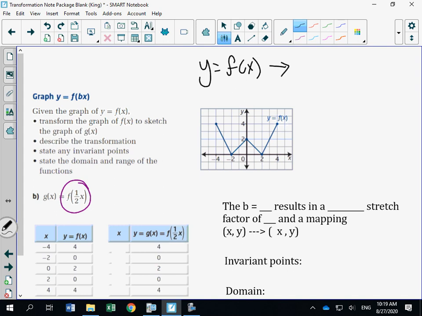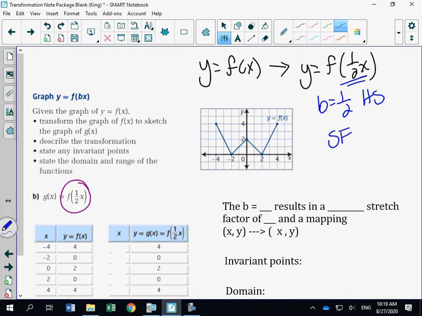And now they're saying, please transform this to y is equal to f of 1/2 of x. Okay, that is a b value because it is next to our x. So our b value is equal to 1/2. This is a horizontal stretch. The stretch factor is always the reciprocal of your b value. So the stretch factor is 2.